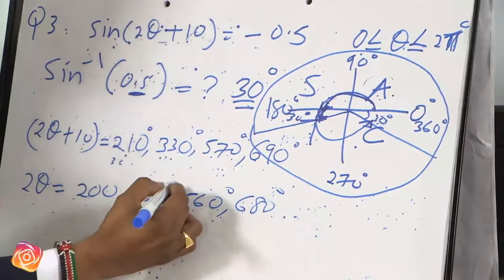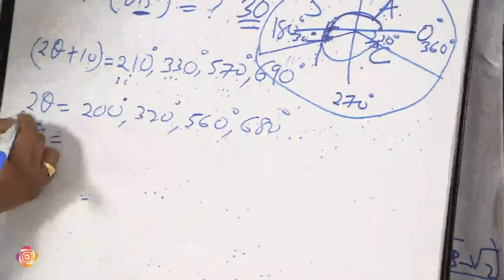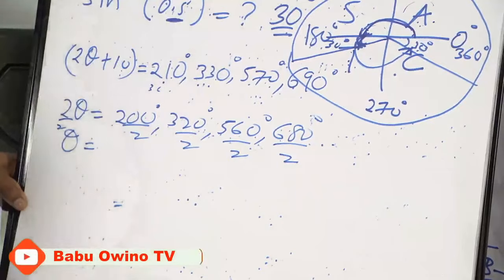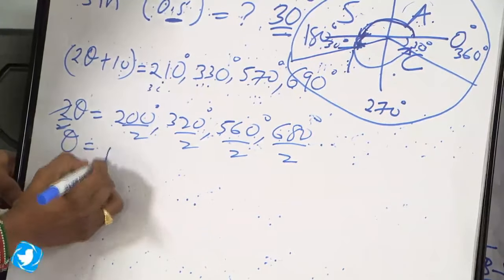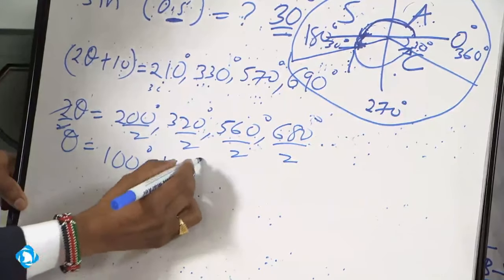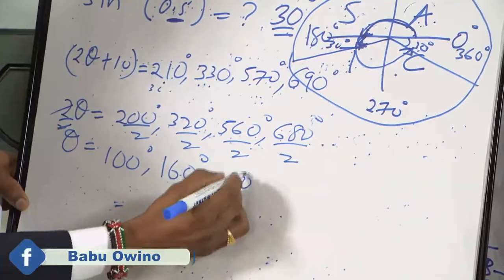They are in degrees. Therefore, theta is equal to, divide everything by 2, 2 into 200, 100 degrees. 2 into 320 is 160 degrees. 2 into 560 is 280 degrees.